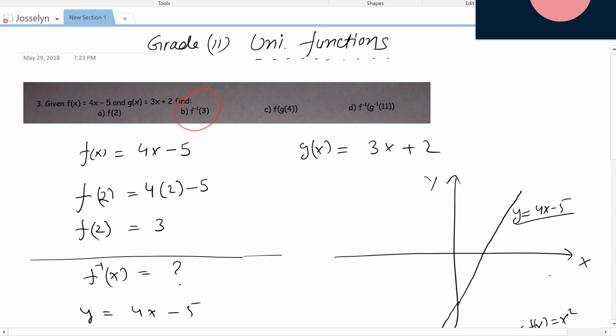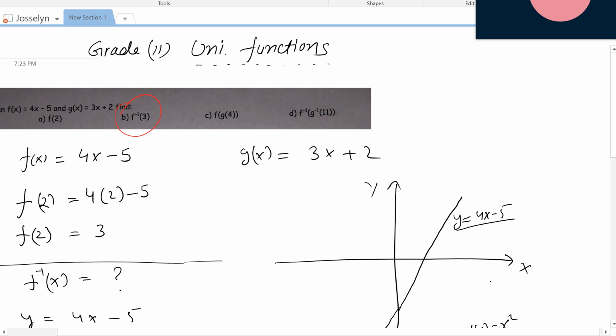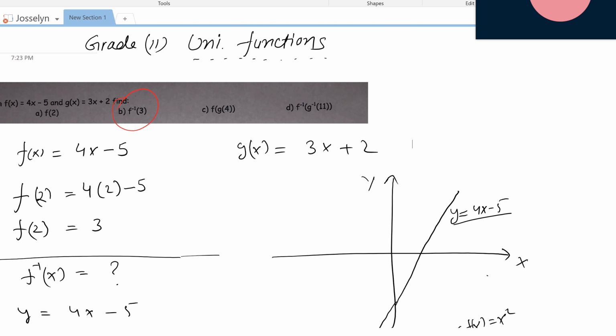Well, I can do it here. y equals 4x minus 5. And the f inverse is 3.